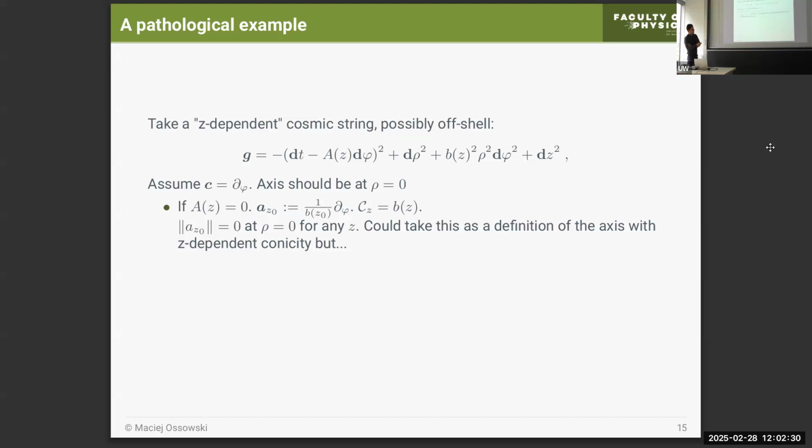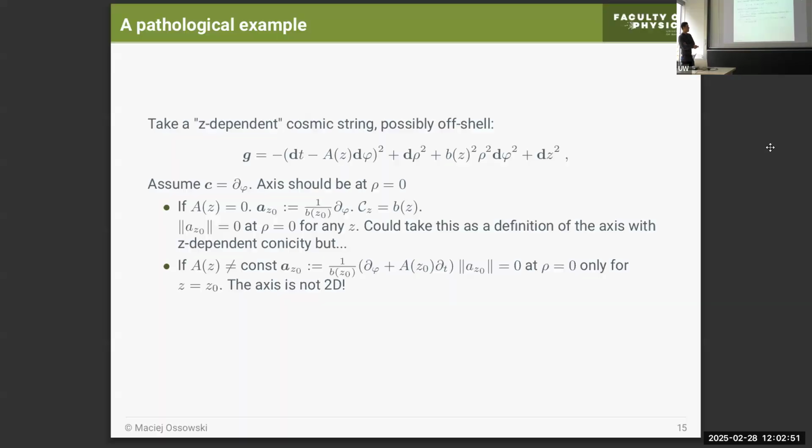So our first guess was that we could just use this as a definition, that the norm of this field would vanish, and because we also had the condition on the gradient, the norm of the gradient of the norm, which was the other condition.